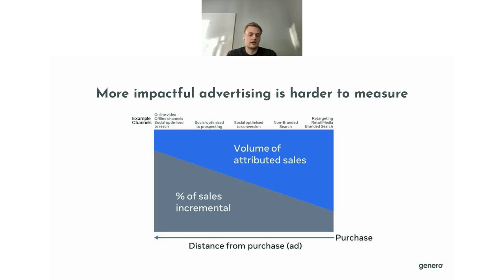So the earlier in the buying journey, the further up the funnel you can meet someone and tell them about your brand, the more likely this is to have a larger effect on the actual purchase decision. But obviously, the further away from purchase, the harder it is to measure.